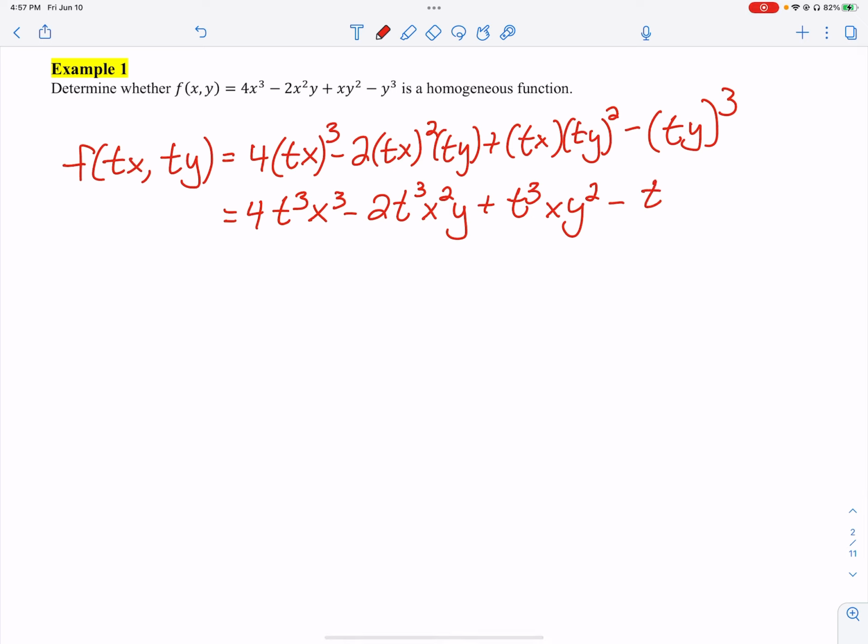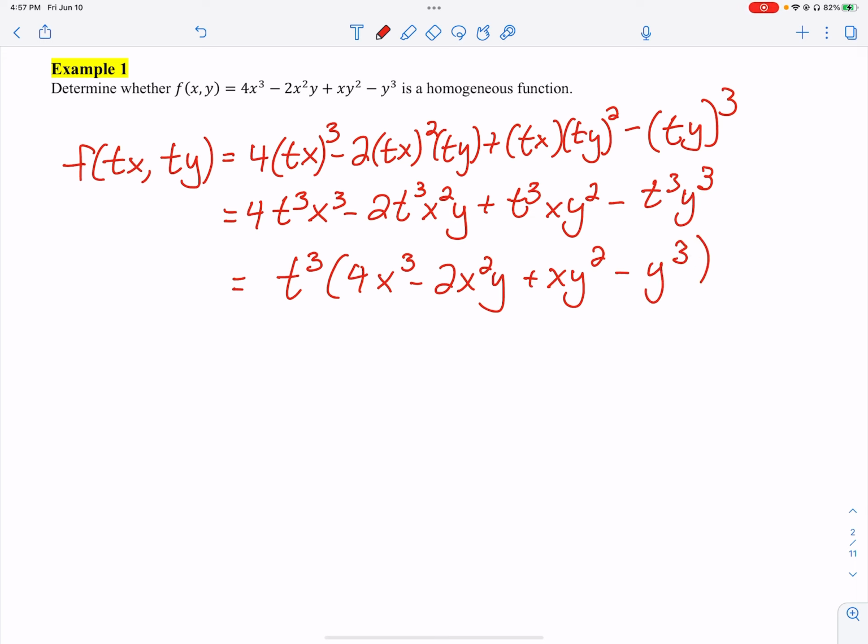Minus, and then I get t to the third, y to the third, and in a classroom, this is where I would ask, what's in every term? Well, we have t to the third. So we have 4x to the third minus 2x squared y plus xy squared minus y cubed. Notice what's in parentheses is the function itself.